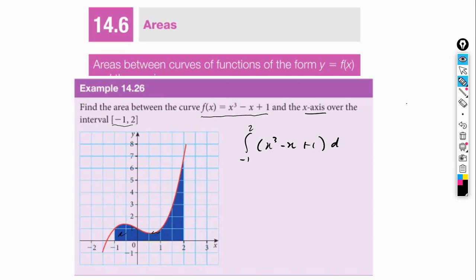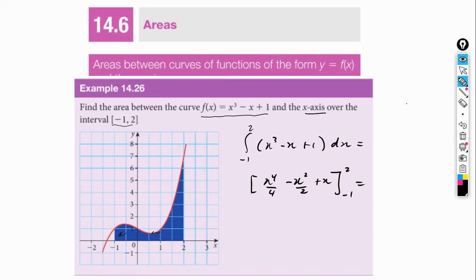1 dx. And this is a pretty straightforward integration because we know that this is simply going to be the power rule. So we're going to get x to the 4 over 4 minus x squared over 2 plus x, and then the interval from -1 to 2. So it's a simple substitution then, and a subtraction, as you guys very well know.